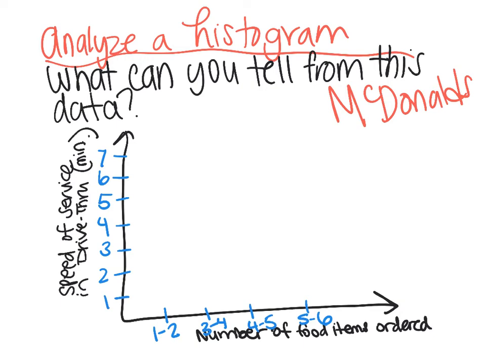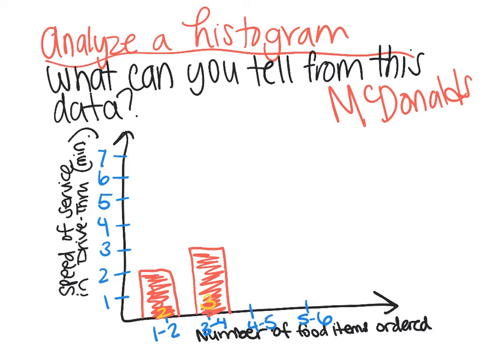Now, for 1 to 2 items, it only took McDonald's 2 minutes to make the food for 1 to 2 items. Graphing that at 2. And I'm going to label that as well. For 3 to 4 items, it took McDonald's 3 minutes to make the food and get it to you through the drive-thru.